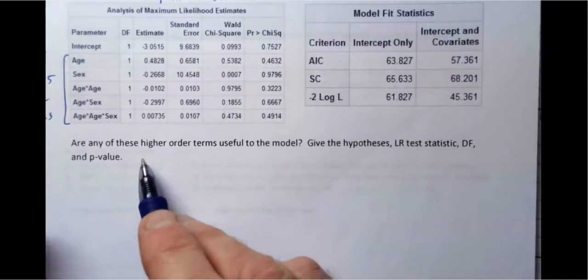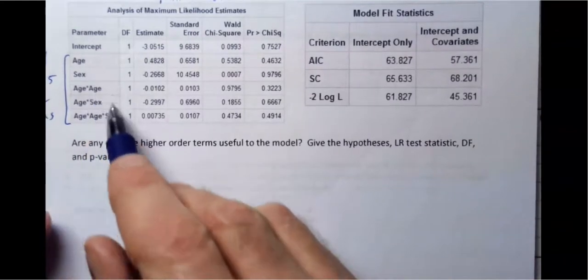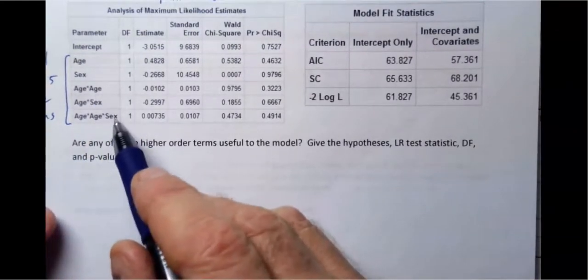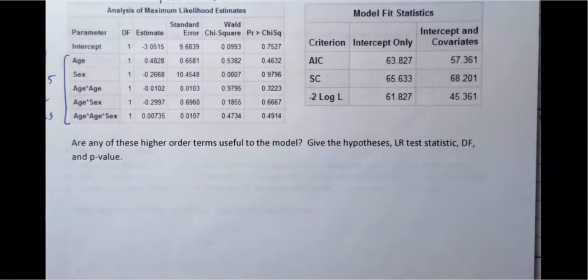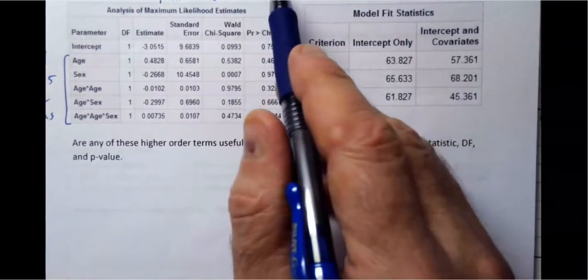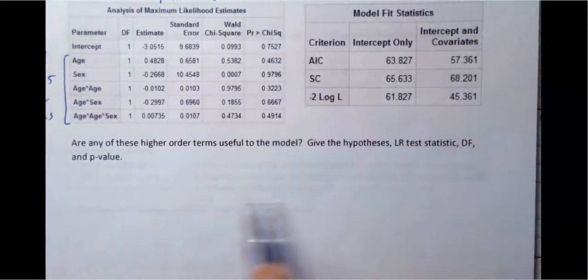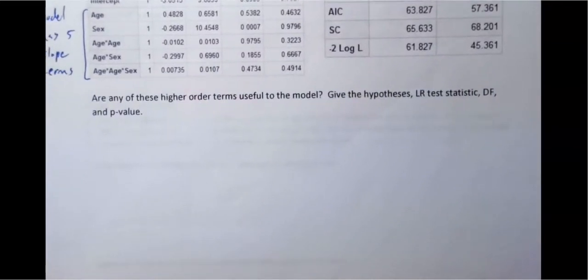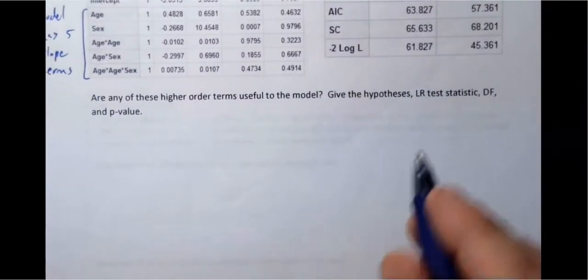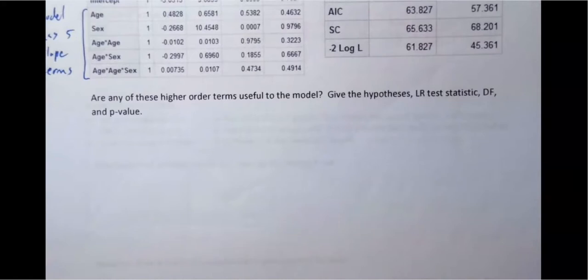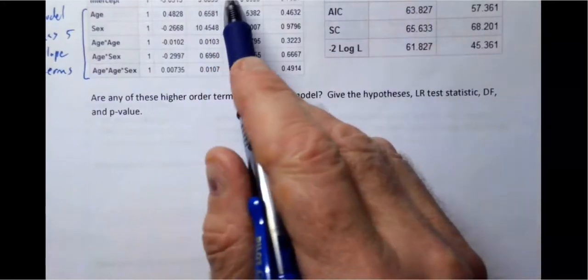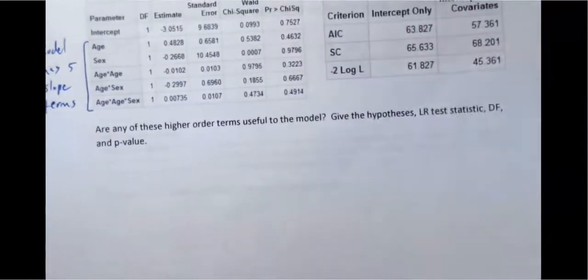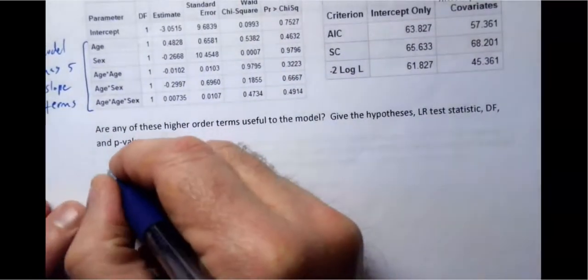But if we want to compare this fuller model with these extra terms to the reduced model that only had age and sex in it, we can ask, are any of these higher order terms useful? So we can also use a likelihood ratio test to compare nested models. That's what it's always used for, but in this case the nested comparison is this full model compared to the reduced model on the previous page.